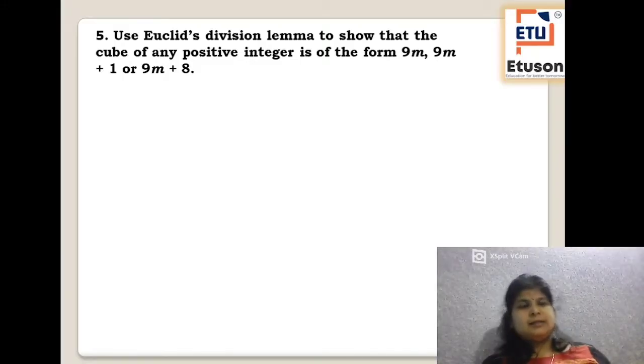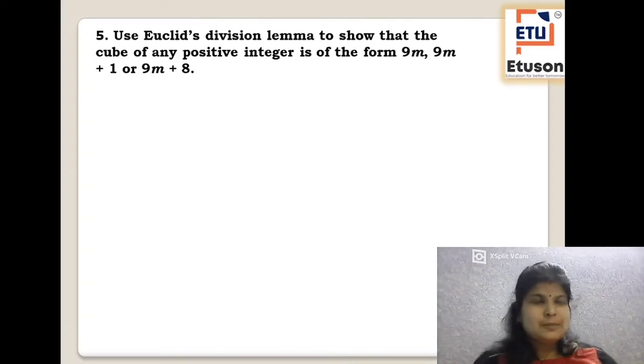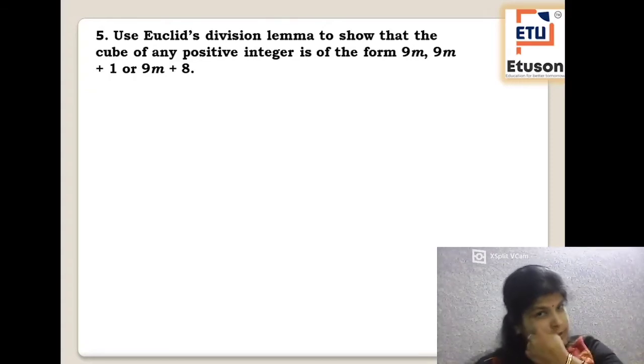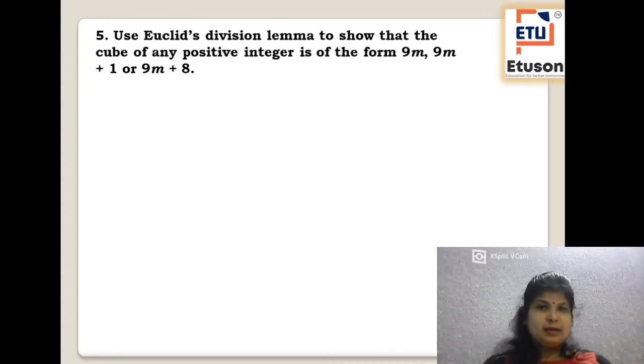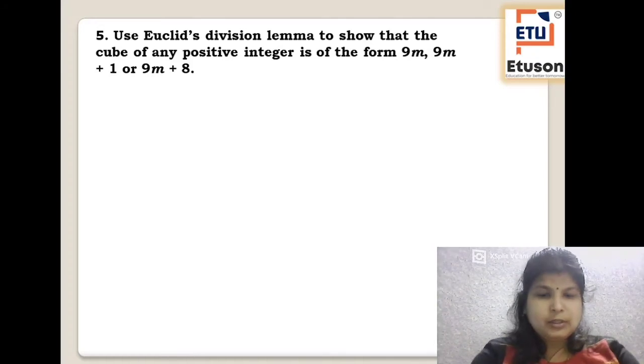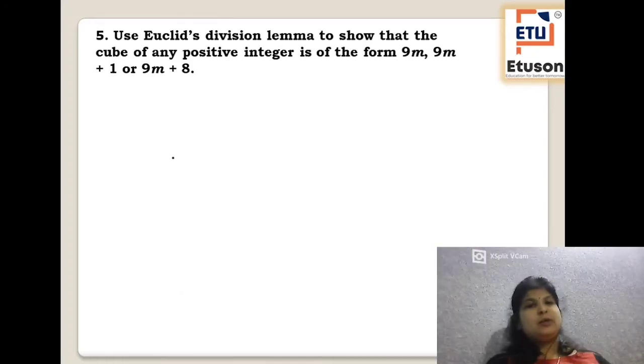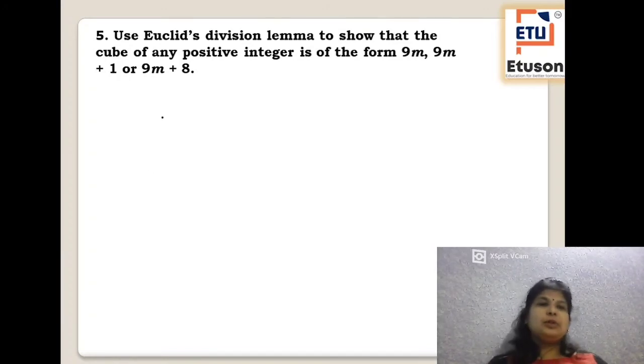Now let us go to the last problem of exercise 1.1. What is that? Use Euclid's division lemma to show that the cube, remember cube, in the previous question it was square, to show that the cube of any positive integer is of the form 9m, 9m plus 1 or 9m plus 8.